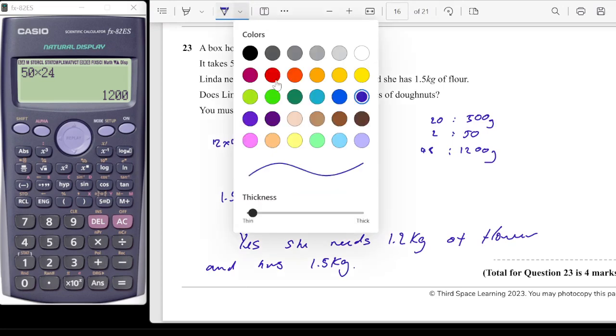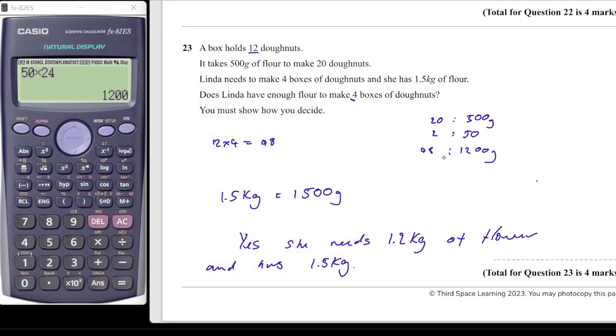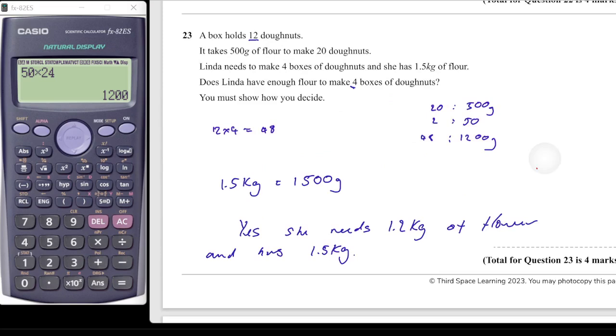And if we go to the mark scheme then, the mark scheme is suggesting M1 for attempt to use proportion to find the amount of flour needed for 12 or for 48 donuts. So we go M1 there. M1 for 300 grams for 12. 1.2 kilograms seen.